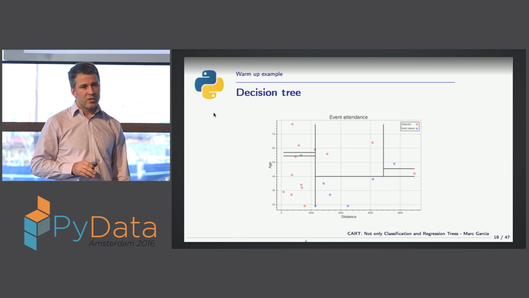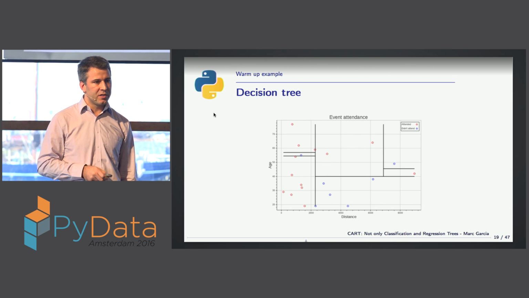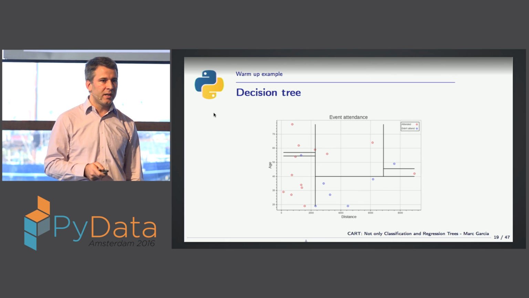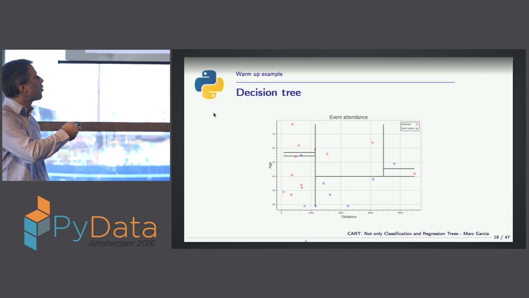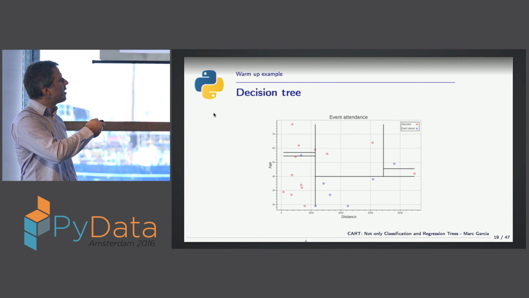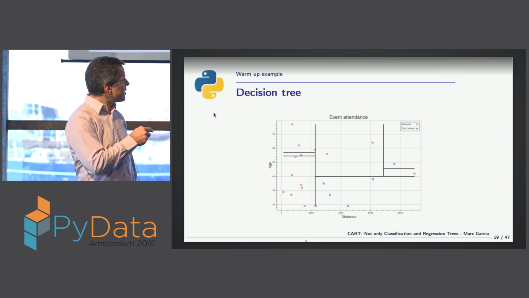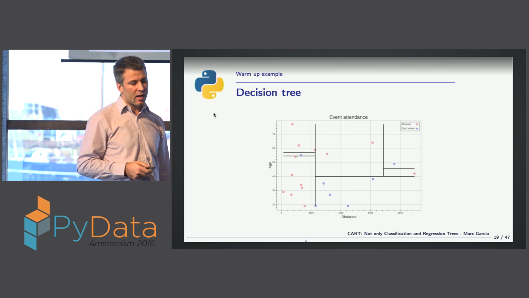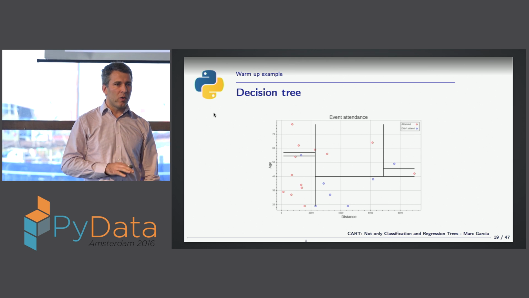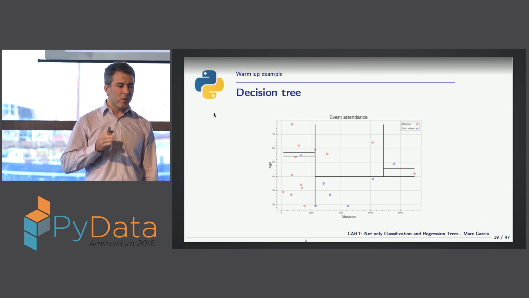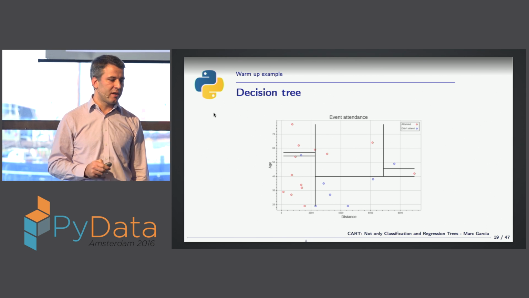It will end up splitting as much as required to make sure that all the nodes are pure. So in each of the nodes for a classification problem, it's saying, okay, if you are trying to predict an attendee who is in this area, because everyone did attend in this area, that is what we are going to predict. Okay, that's a decision tree, just splitting all our area, one variable at a time, making sure that we know in each area which are the classes.